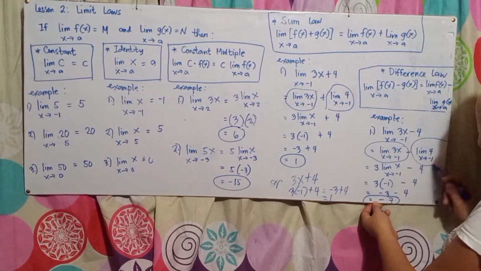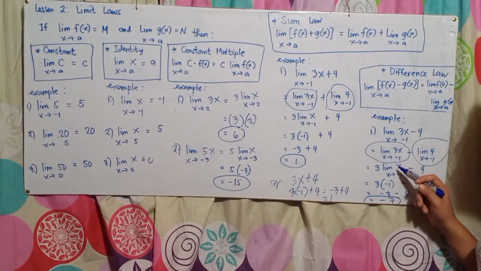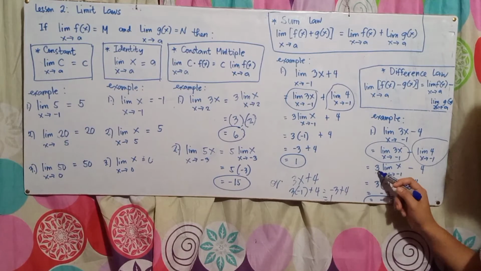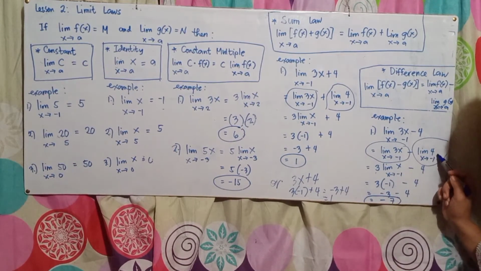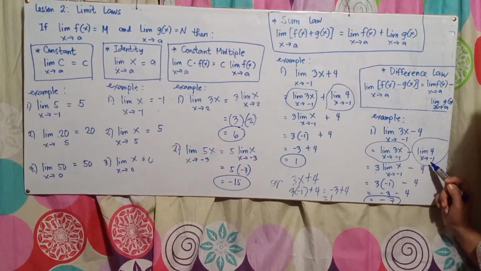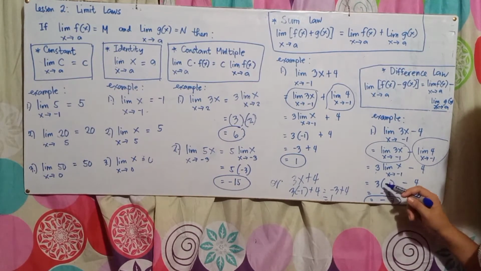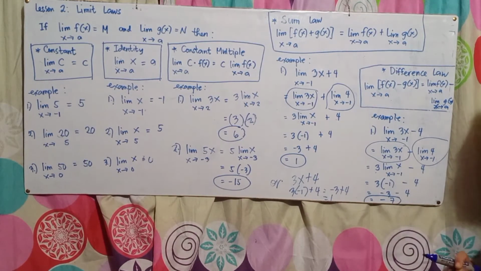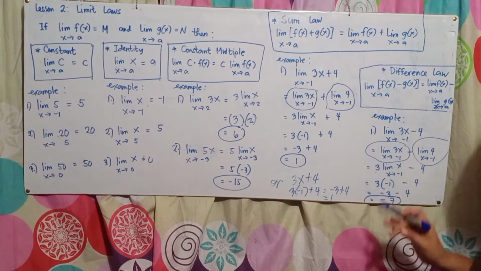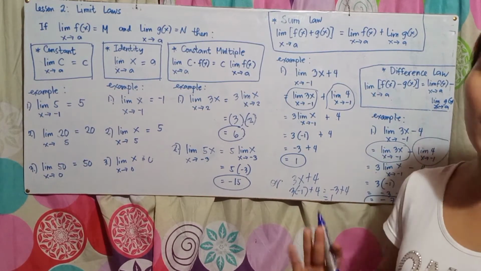Diri nagamit ka og constant. So, limit 3 of x as x approaches to negative 1, magiging 3 limit of x approaches to negative 1 minus limit of 4 as x approaches to negative 1. Answer would be 4. So, diri 3 times negative 1, substitute. So, magiging negative 7. So, yun ani ang proper process using difference law.